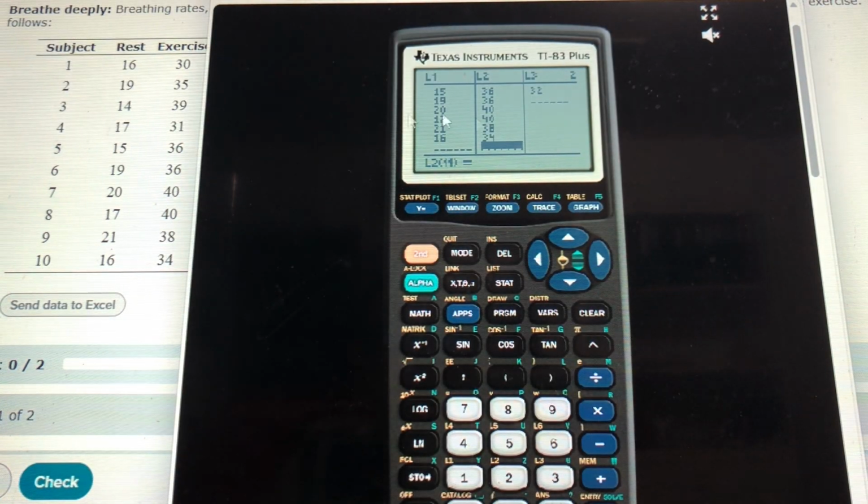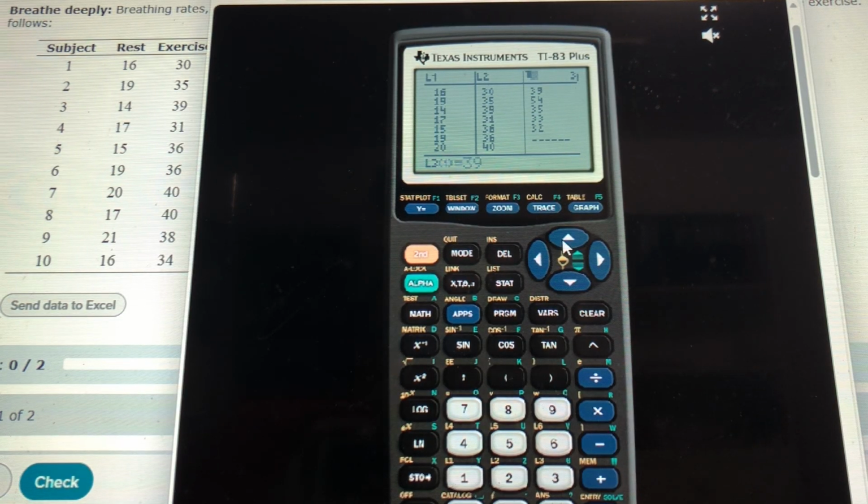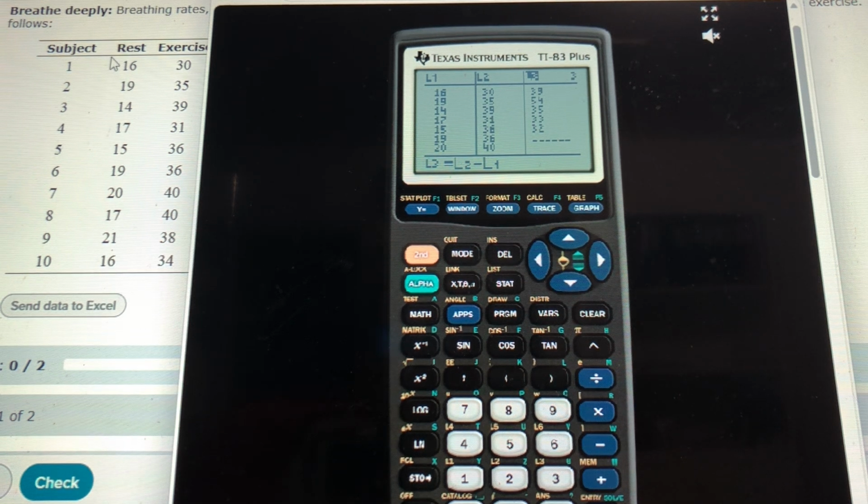You don't have to delete and switch everything. You can just go to L3, go up to the top. I could type in L2 minus L1 just to match their wording of exercise minus rest, where exercise is L2 and rest is L1. If I did it that way, then all the answers are significantly positive rather than significantly negative.